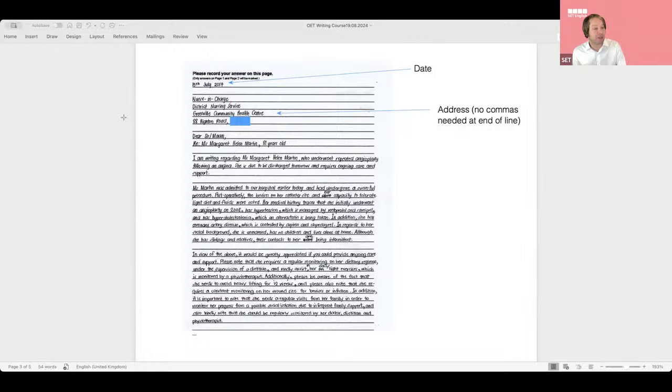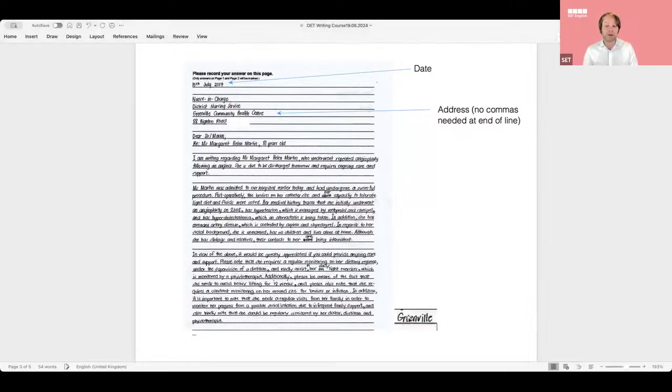Probably better to get rid of this and put this on a separate line. Does that make sense, everyone? Put it onto a separate line, okay? And you don't need your commas in that case. So I get rid of this. I'm going to copy paste Grenville onto a different line.